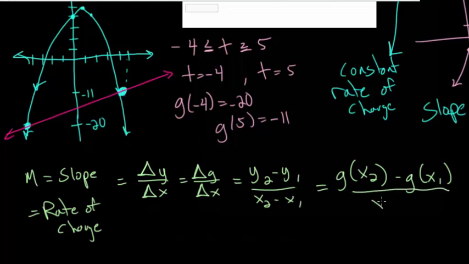And then down below, you would still have x2 minus x1. So to find the slope of this line, we're just going to plug in our points. So we know that, let's say t of 5, let's call that x2. So when we plugged in 5, we can call that y2. Or really, this is just g of x2. And so we have -11. Let me use a different color here.